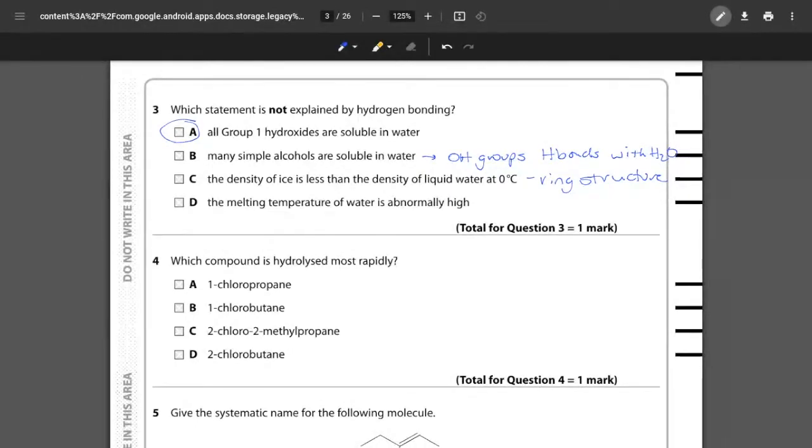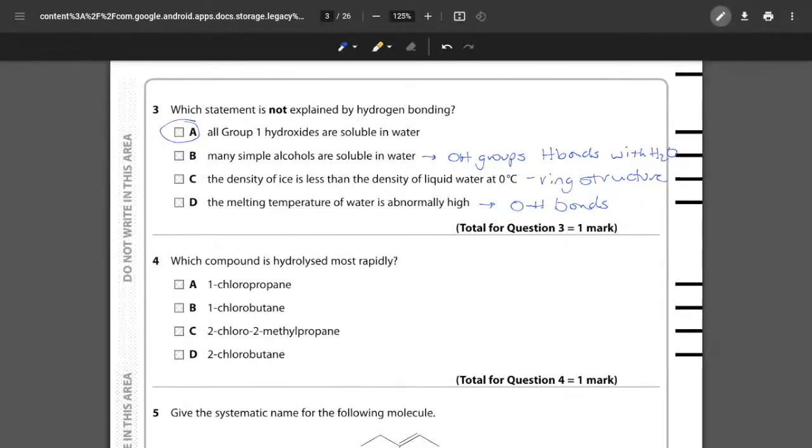And with the melting temperature of water being abnormally high for a substance being that small, again, this is to do with the fact that we have got these OH bonds forming the hydrogen bonds in between each of the different molecules. So our only answer that we can have here is A, the group 1 hydroxides being soluble in water.